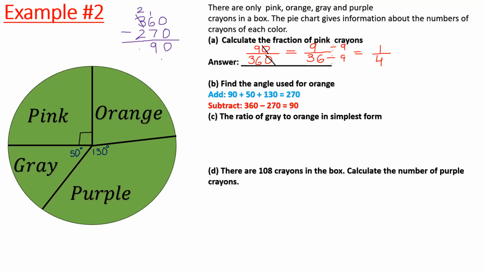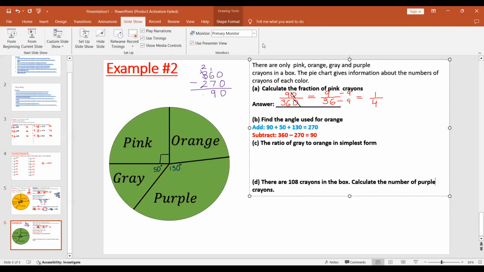Now we want the ratio of gray to orange in simplest form. How are we gonna get that? You put 50 to 90 as a ratio. Who's saying that? I can't determine the voices.